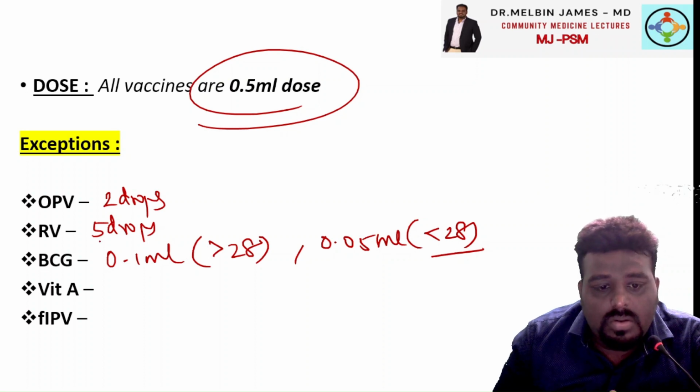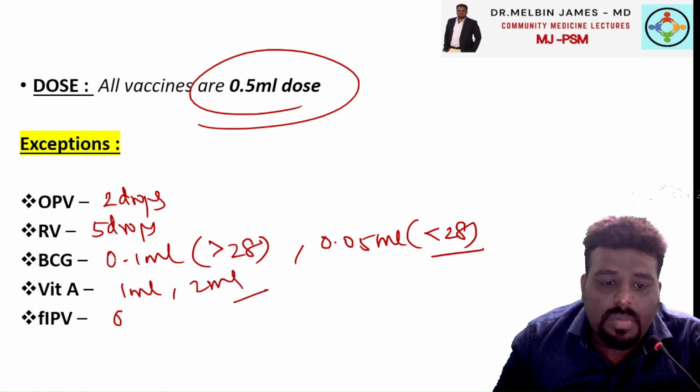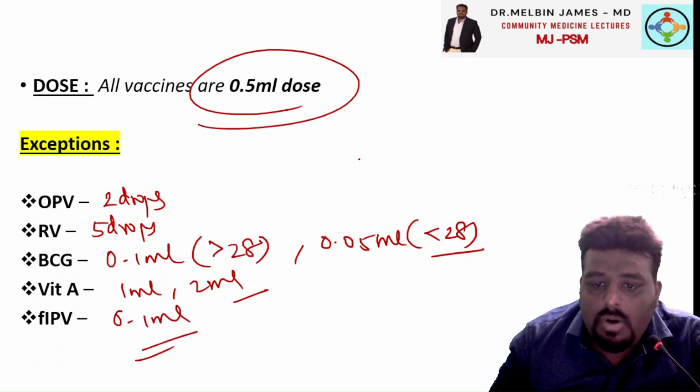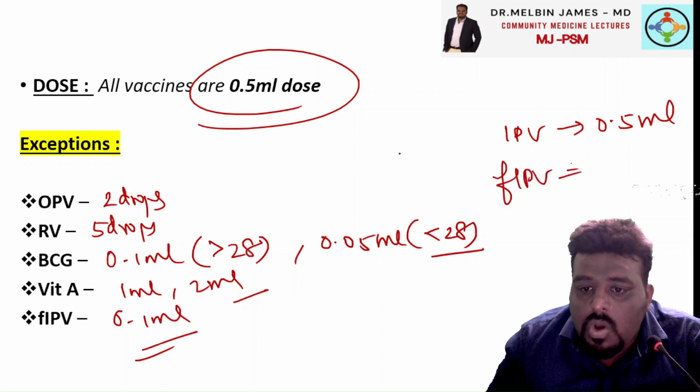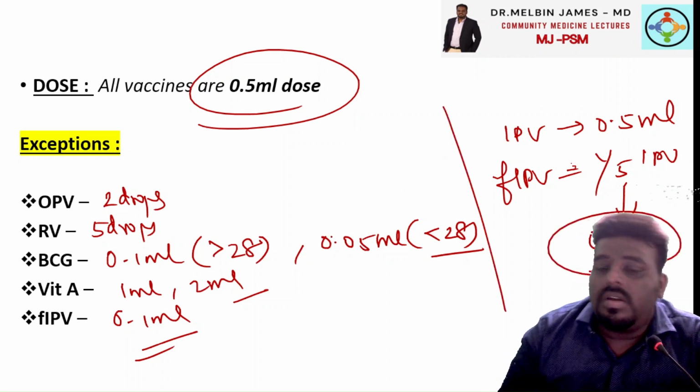Vitamin A is 1 ml, 2 ml like that, that is 2 lakh international units. For IPV remember it is always 0.5 ml, but fractional IPV is one fifth of IPV, that is 0.1 ml. That is how it is.